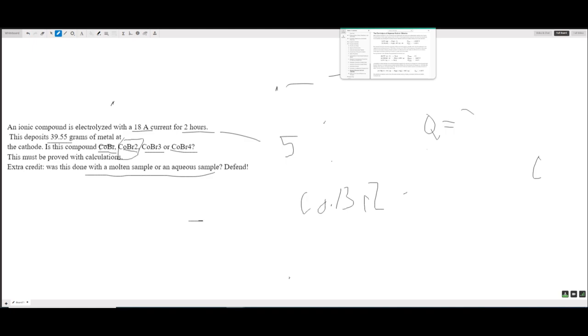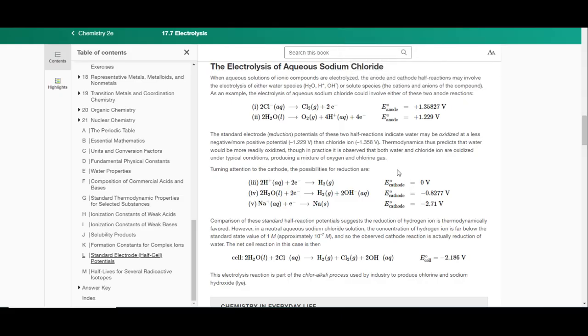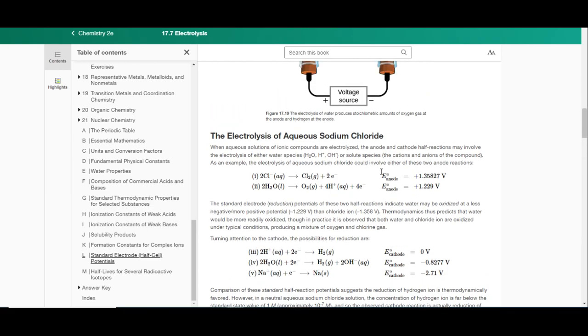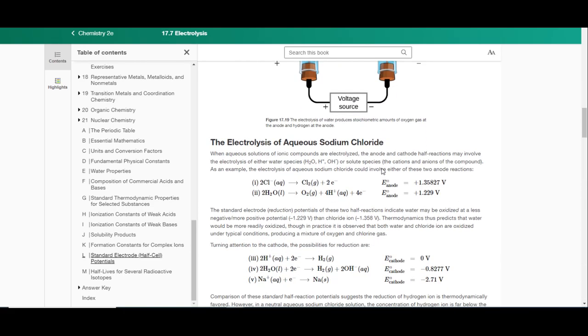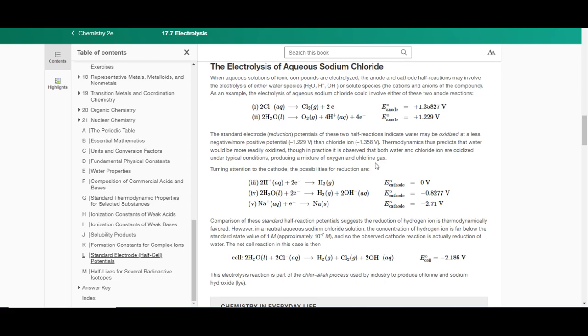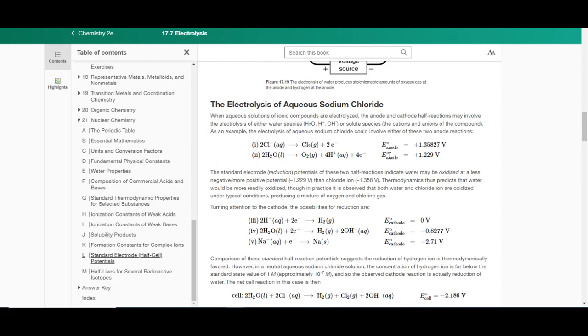Now I'm going to pop over to my chemistry textbook and show you something here. With a pure molten salt, the way we can tell is when we're doing electrolysis, if the potential of water in an aqueous solution is lower than the reduction potentials of the compound we want.